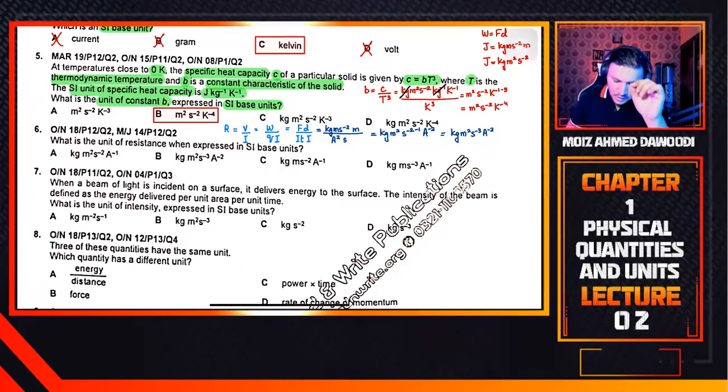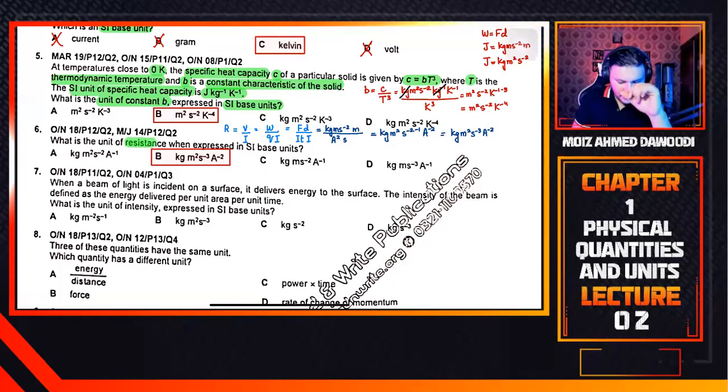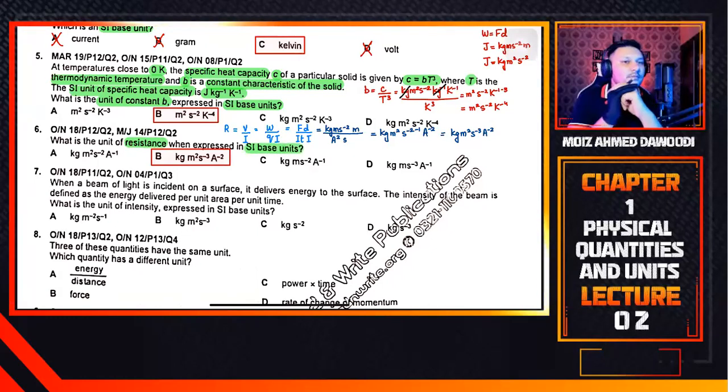So the SI base unit of resistance is kg m^2 s^-3 A^-2. B. You were asking about the base unit of resistance. Okay.